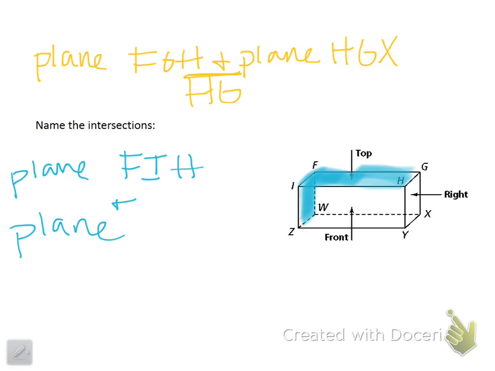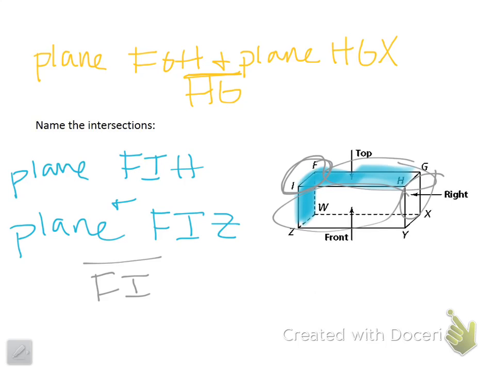How about this one on the side here, plane FIZ? They're intersecting. What segment do they run into? FI. They both share that segment FI. So FI is what they intersect. It's whatever they both share that they run into. Again, there are multiple other planes because there are multiple other sides of this that you could have done.